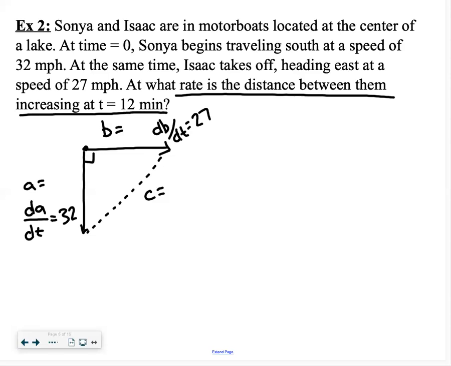So the problem here is, if you were to set up your equation, you're missing a whole lot of stuff here. You're missing A, you're missing B, you're missing C, and it wants you to solve for dC/dt, right?